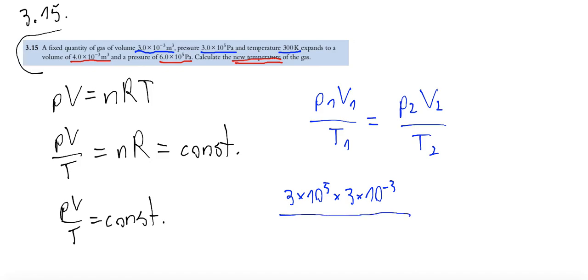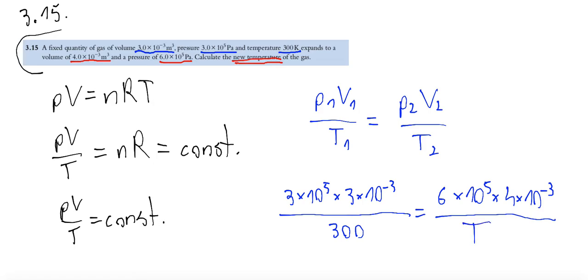We know temperature, 300 kelvins, remember temperature in kelvins, is equal to the new pressure 6 times 10 to the power of 5 times the new volume 4 times 10 to the power of minus 3 divided by the new temperature. There is only one unknown in this equation, the temperature of the gas after changing the pressure and after changing the volume. Okay? So please copy this.